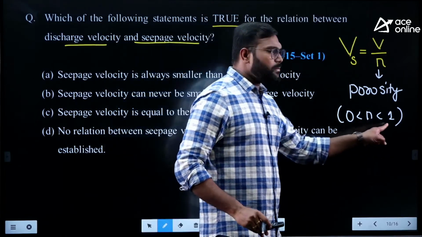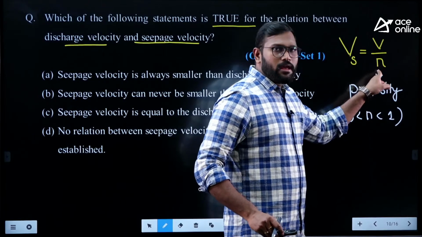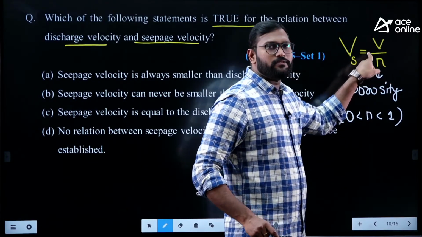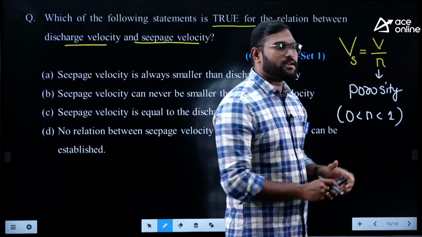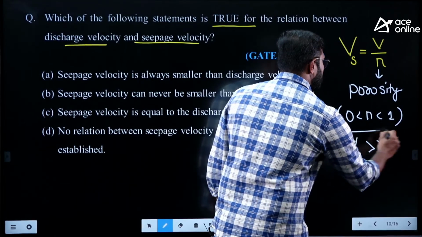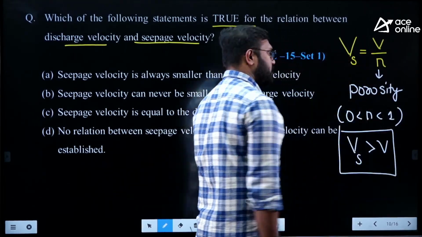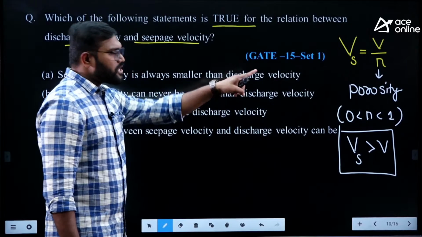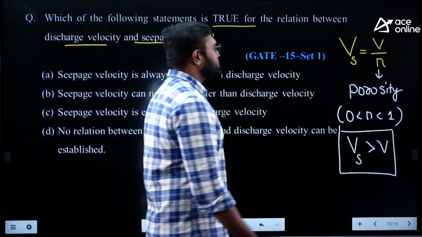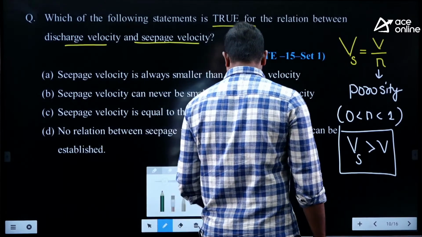As n value is less than 1, the seepage velocity obviously will be more than the discharge velocity. So always seepage velocity is more than the discharge velocity. I have a relation, and in that relation, which is more? Seepage velocity is more. Or else you can say it the other way also.